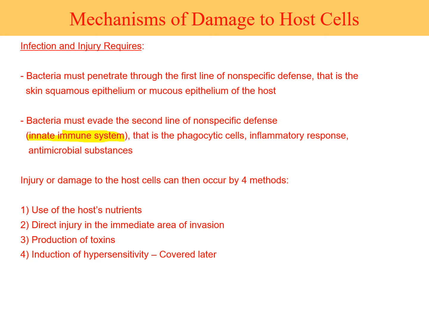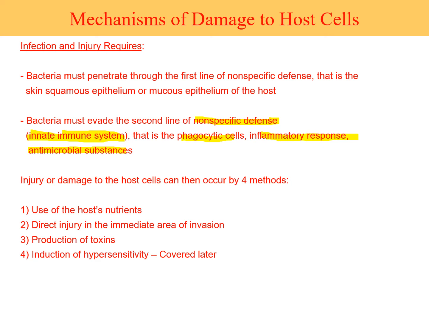The innate immune system includes phagocytic cells, the inflammatory response, and antimicrobial peptides, small proteins. And if they manage to avoid those, then they'll multiply and cause injury or damage to host cells.